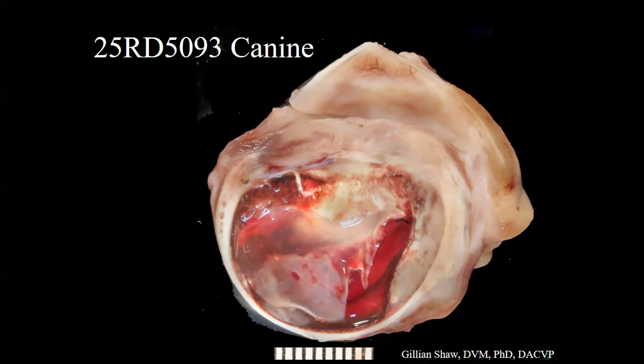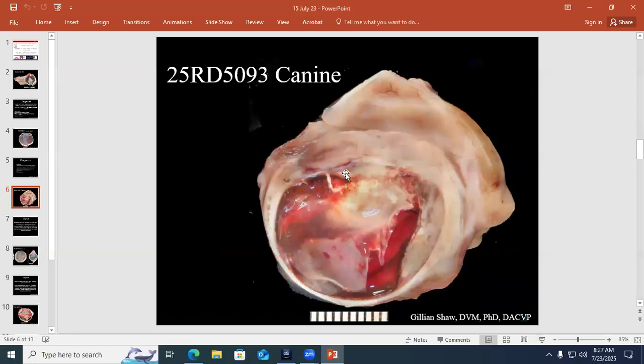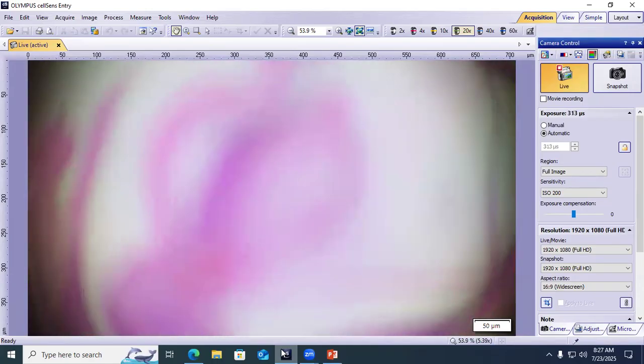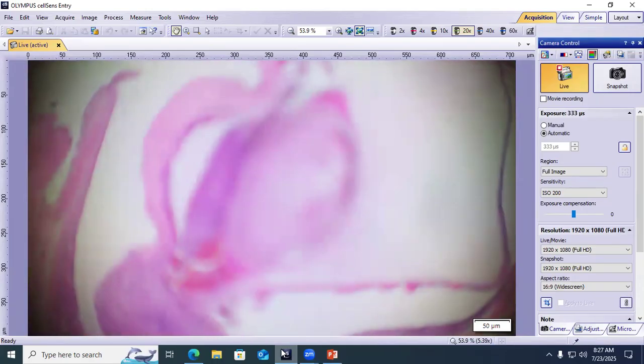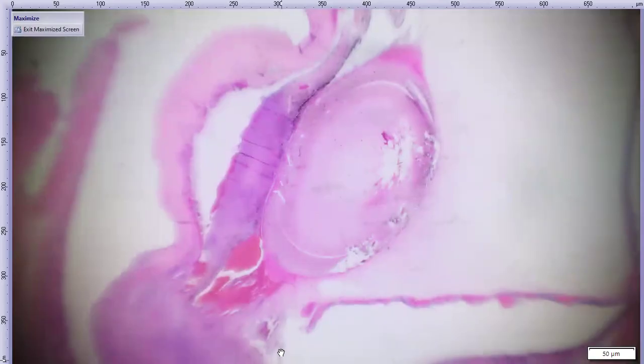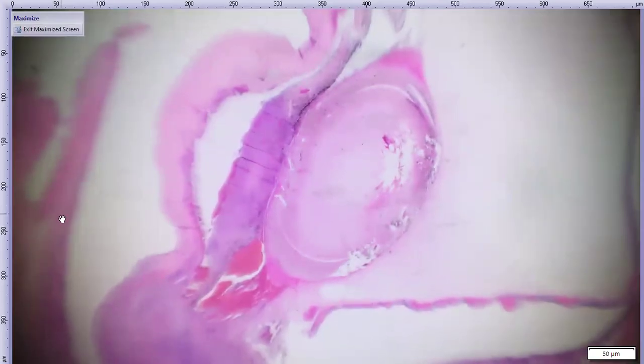So without further ado, let's jump to the microscopic findings. So here's the tip of the third eyelid, as I said.